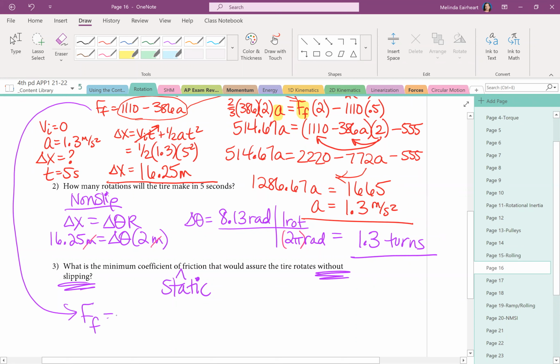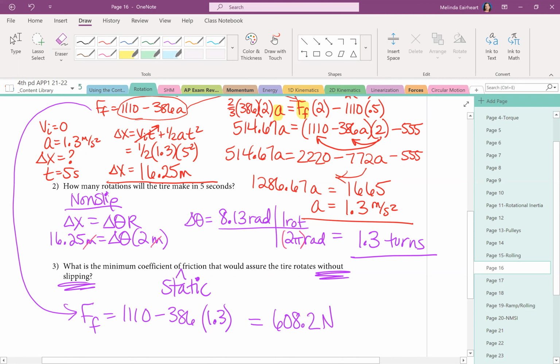We isolated friction already, so I'm just going to copy that down here. And now we know the acceleration. And so I get that the frictional force is 608.2, and that would be newtons.